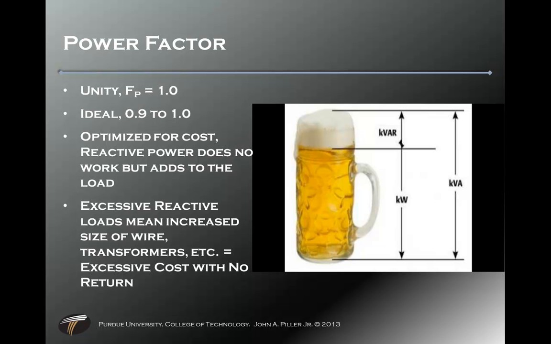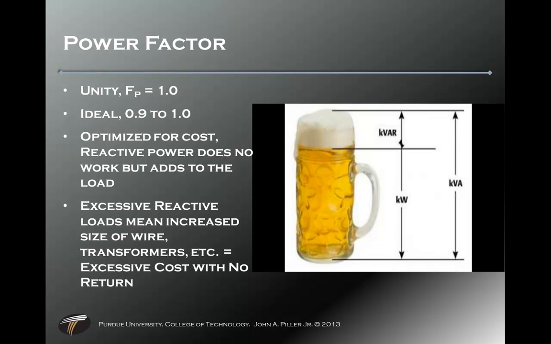Why don't we want an excessively reactive load? Well, an excessively reactive load means that you increase the current, which means you have to increase the size of your wire and the size of your transformers, and you get less useful power. Using a beer mug as an example, kVA is the total mug.